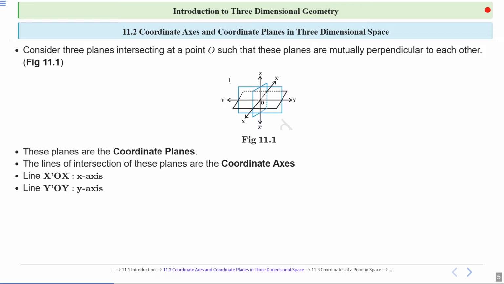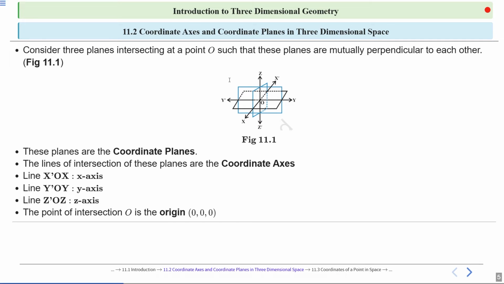This axis runs perpendicular to the x-axis and helps us measure how far a point is along the y direction. The third line is Z'OZ, which is the z-axis. This axis is perpendicular to both the x-axis and y-axis, and it measures how far a point is above or below the other two axes.